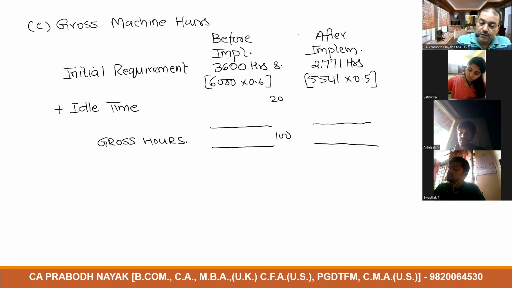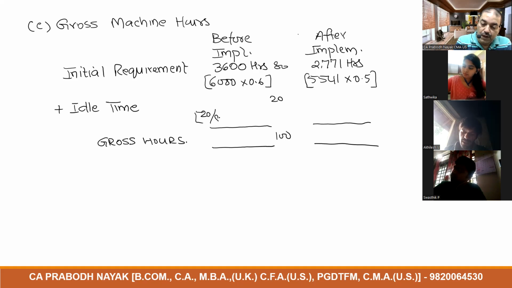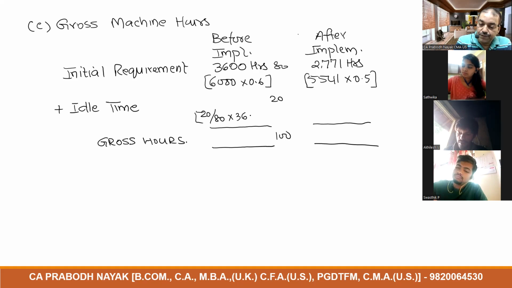This is 80 then. So 20 by 80 into 3,600. 1/4 of 3,600 is 900.